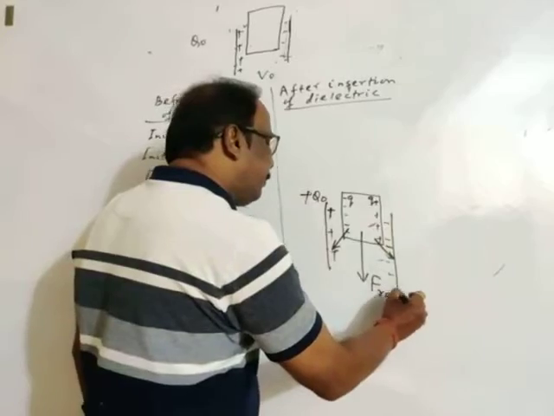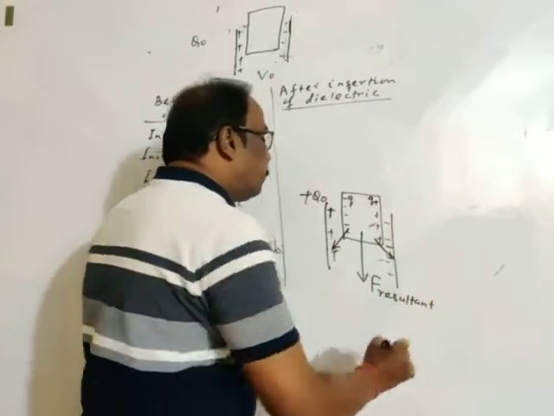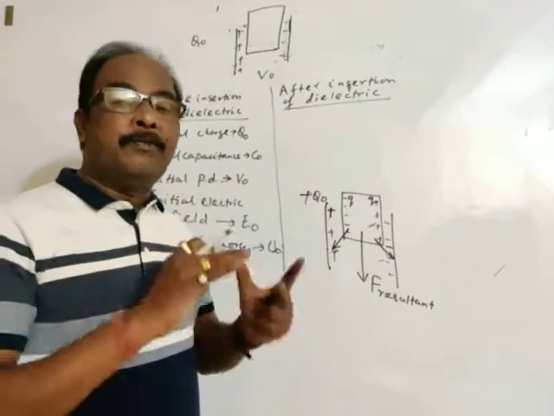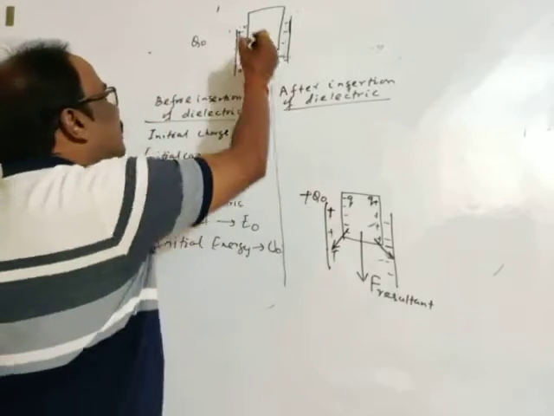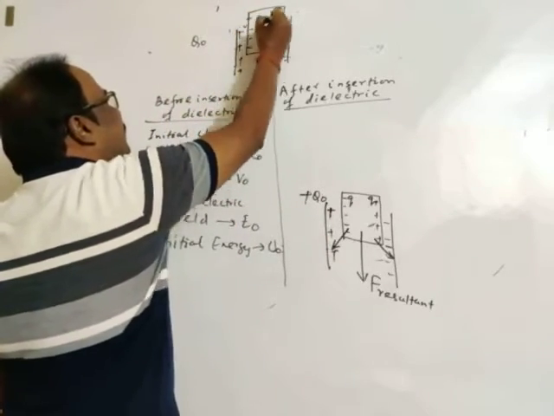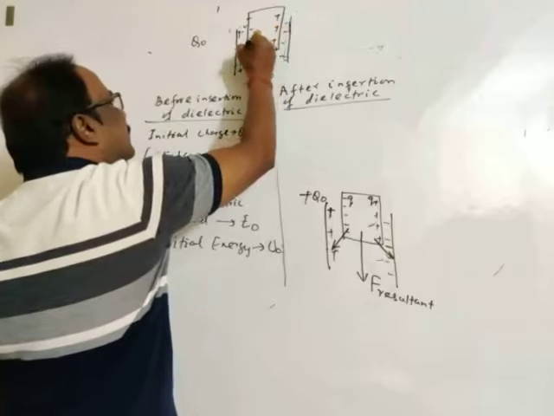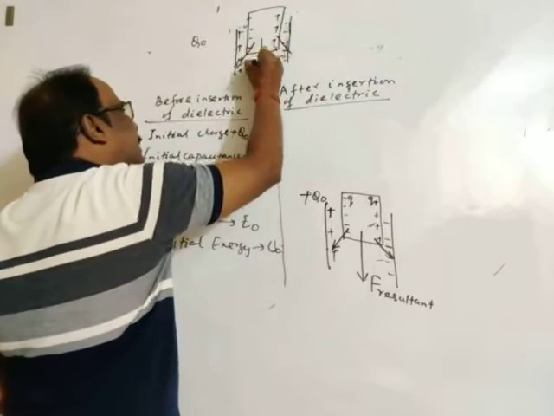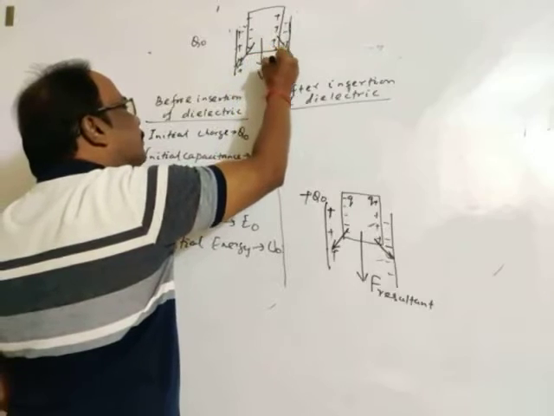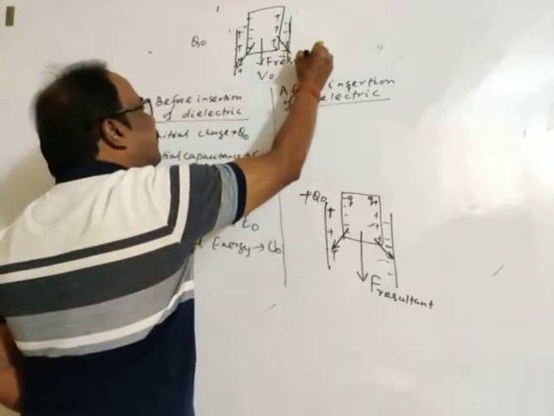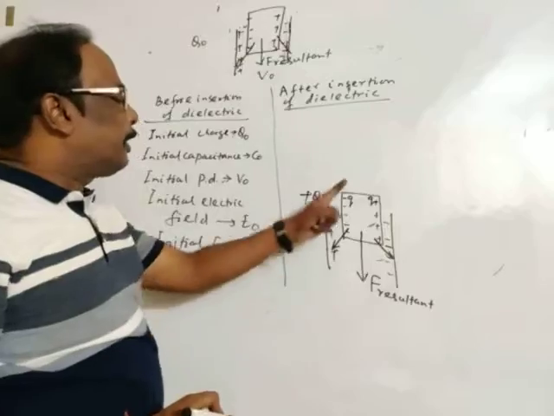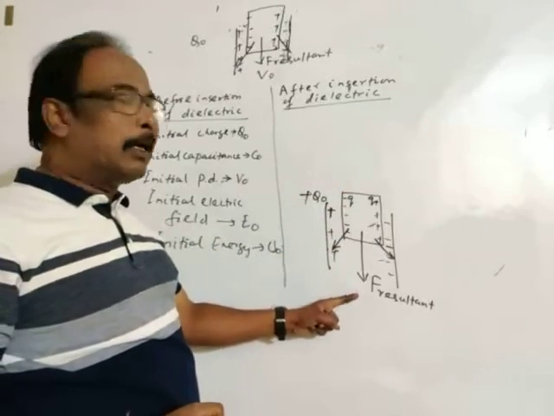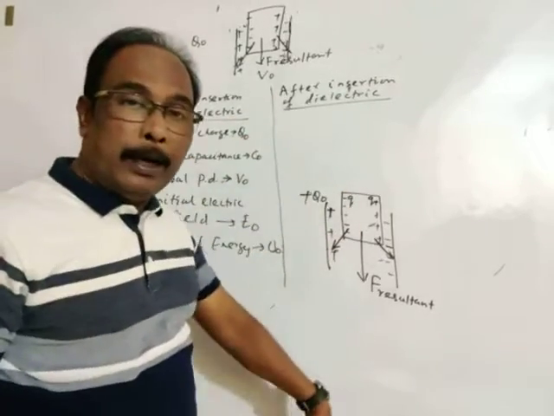This negative is attracted towards positive, positive is attracted towards negative. So this is the resultant force. Resultant force is experienced by the dielectric slab in the downward direction.